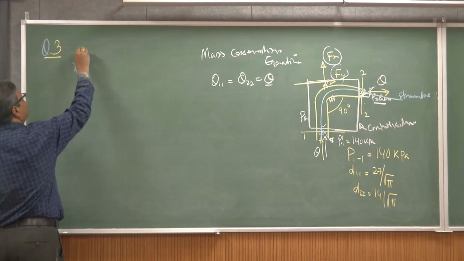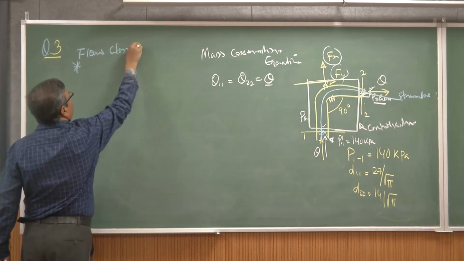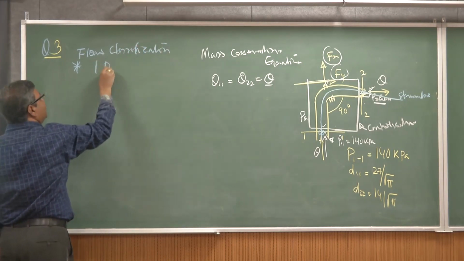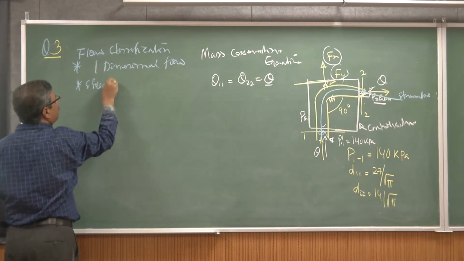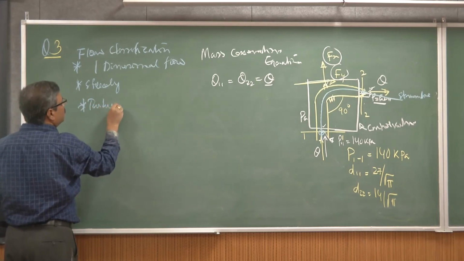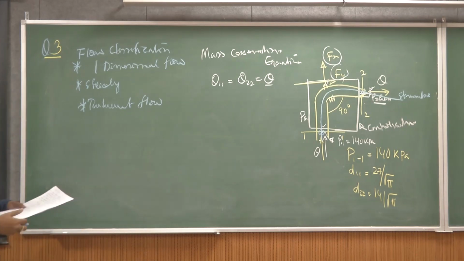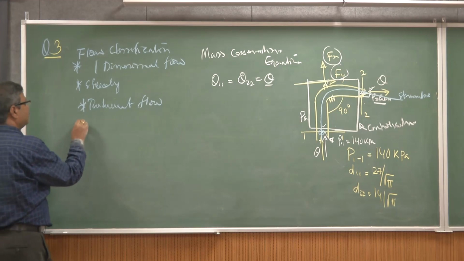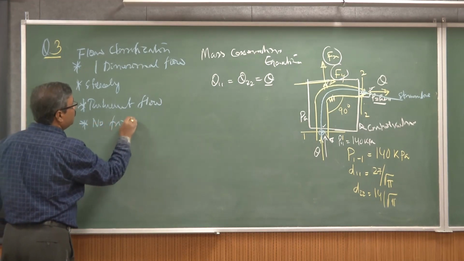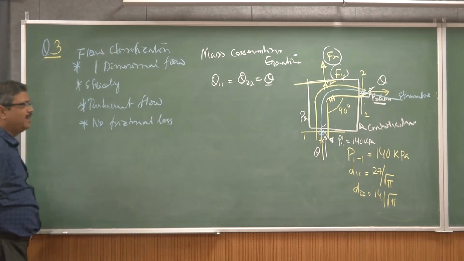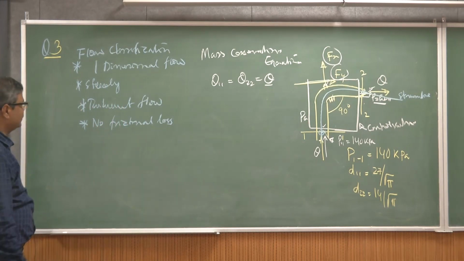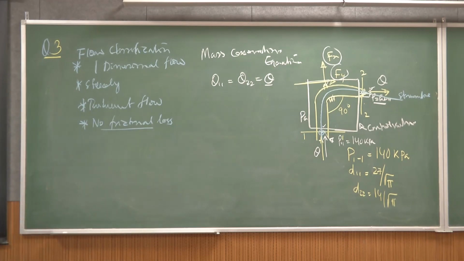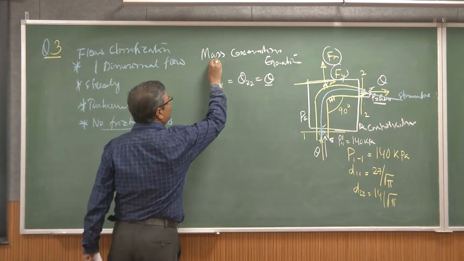The assumptions we have made about the flow classification: the flow is one-dimensional, steady, and turbulent, and we have neglected the frictional losses because of the pipe flow through this nozzle. The frictional loss is not dominant compared to the force component acting on this.